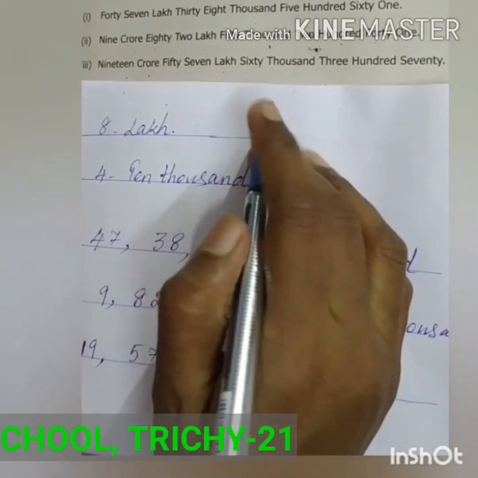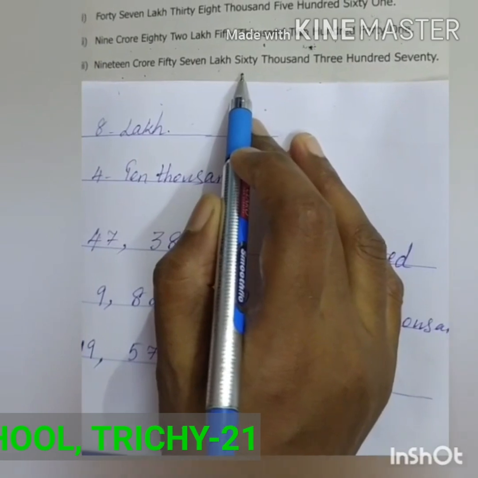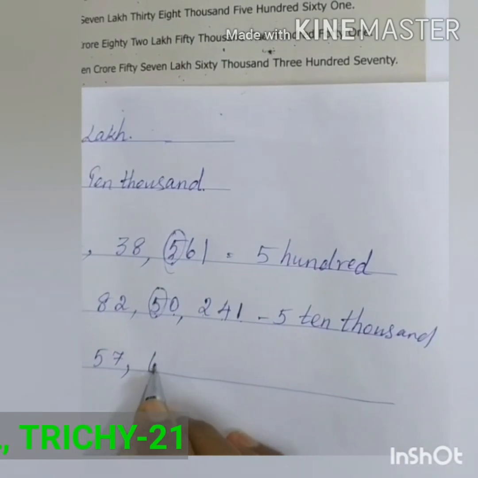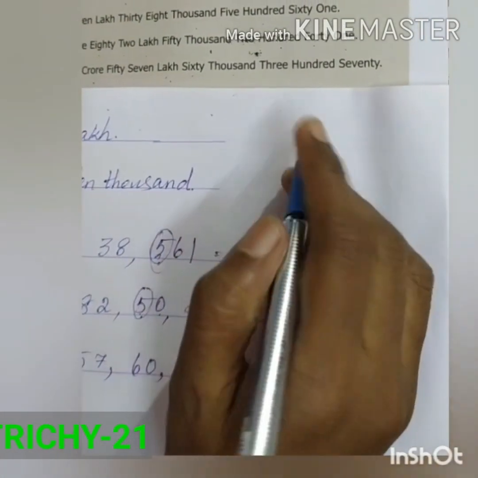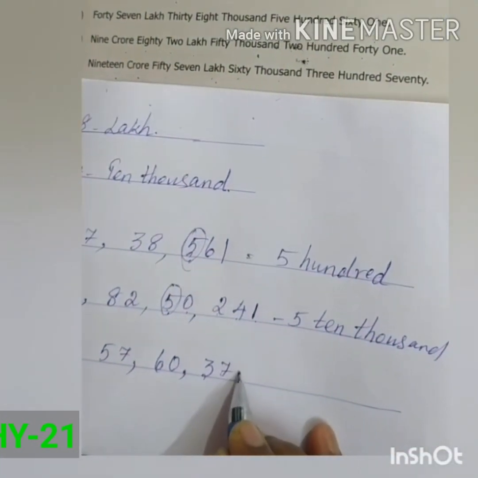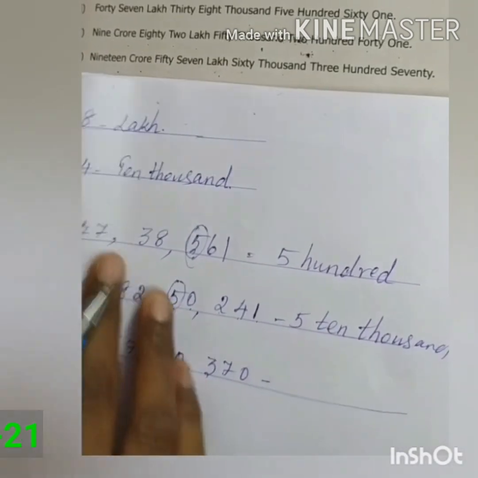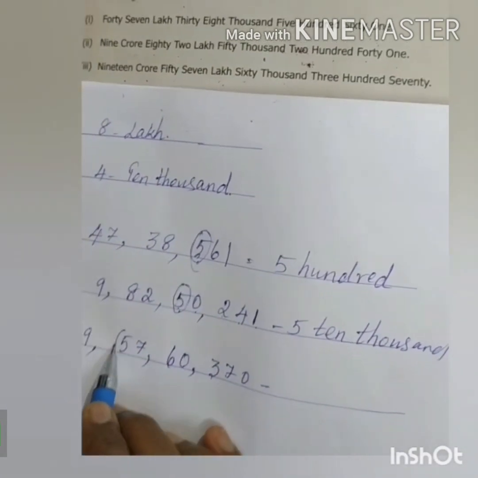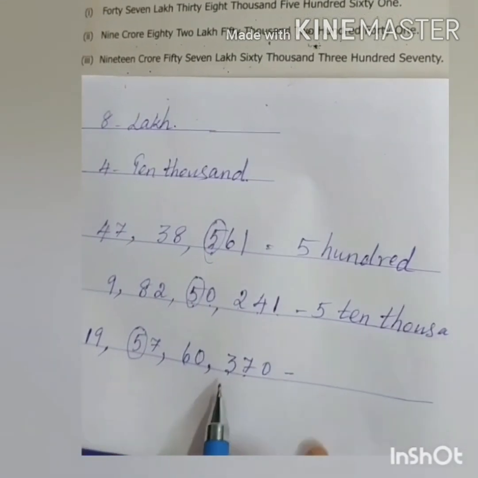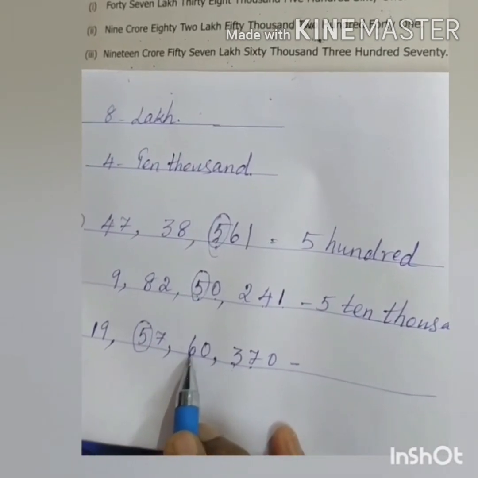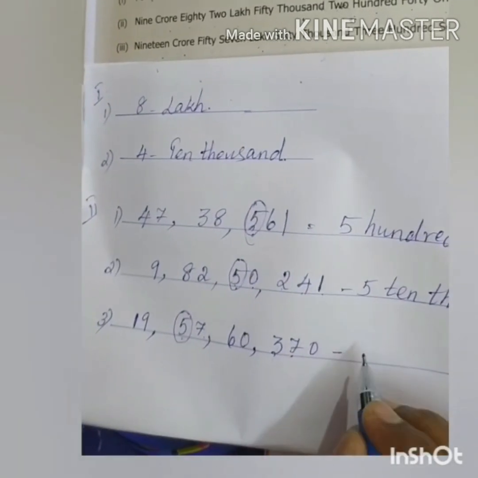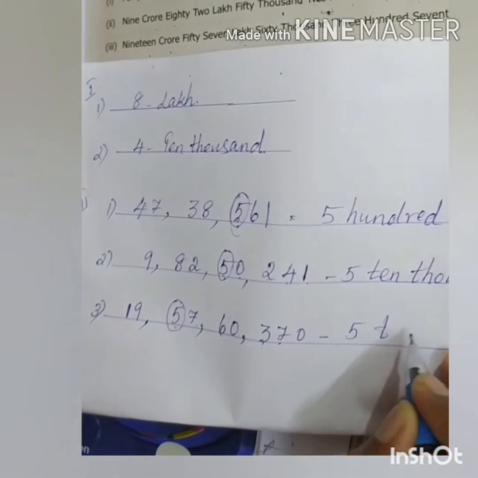Then 60,000. Then 370. Now let us see the place value of 5 here. Let us tell the place value one by one. Ones, tens, hundreds, thousand, 10,000, lakh, 10 lakh. So place value of 5 is 10 lakh. Here 5, 10 lakh.